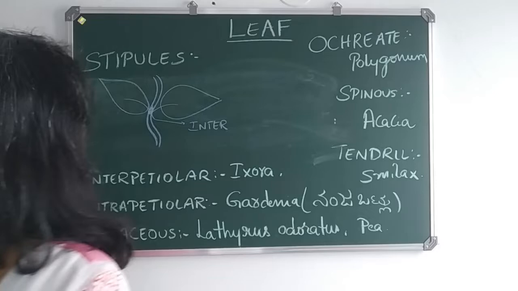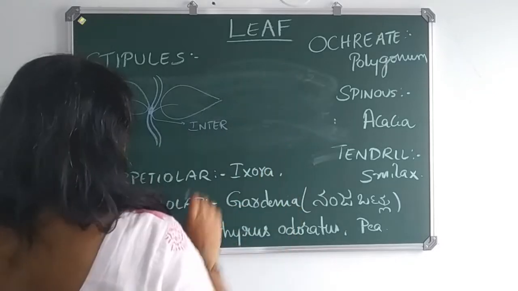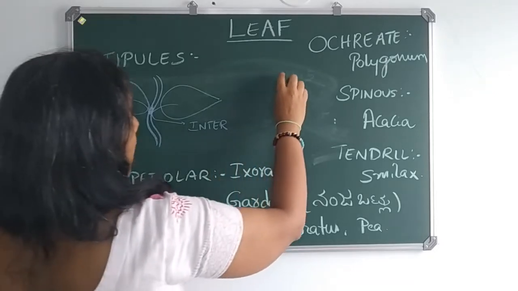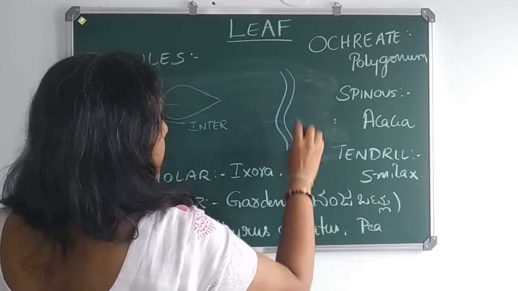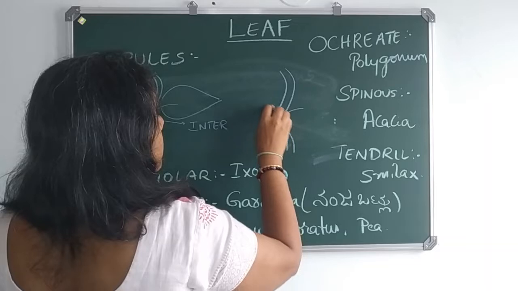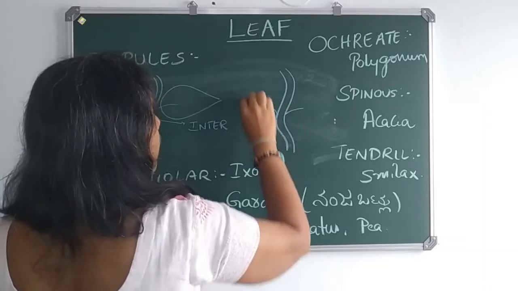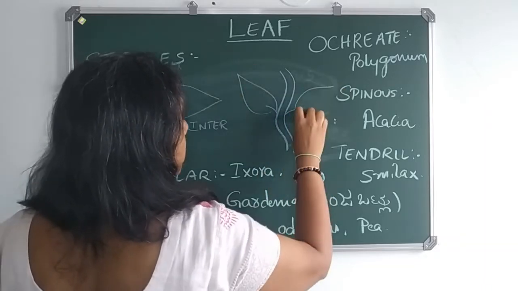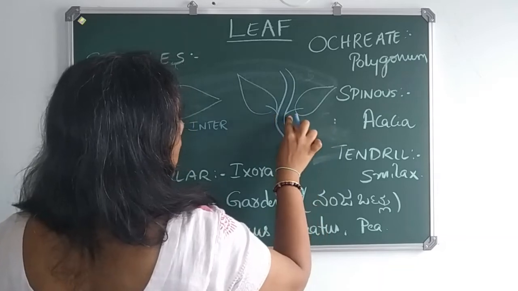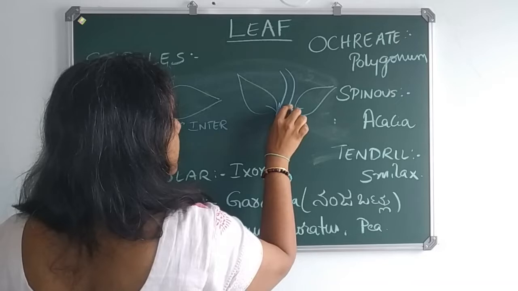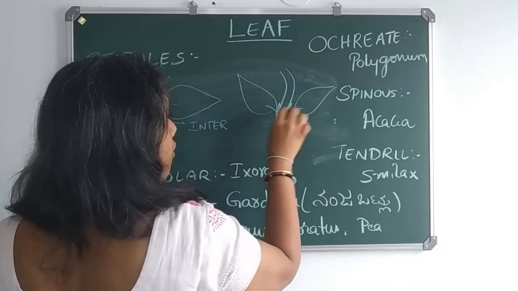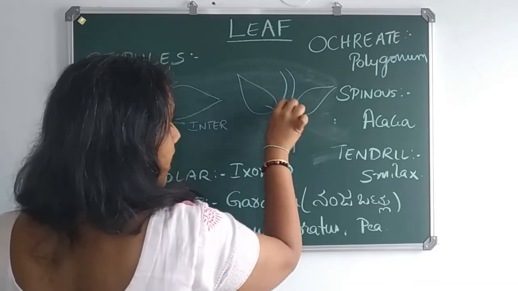Now if you take another one, that is intrapetiolar. When you say intrapetiolar, the stipules will be present in between each petiole and the stem. So if these are the two petioles on opposite sides, at the base of each we will find the stipules, attached to the stem.